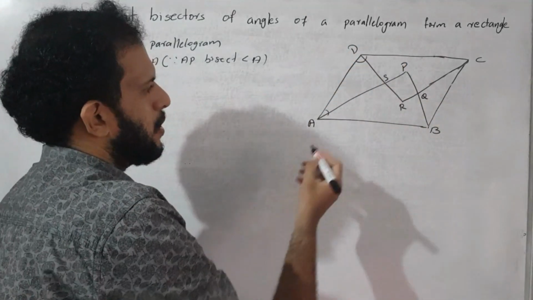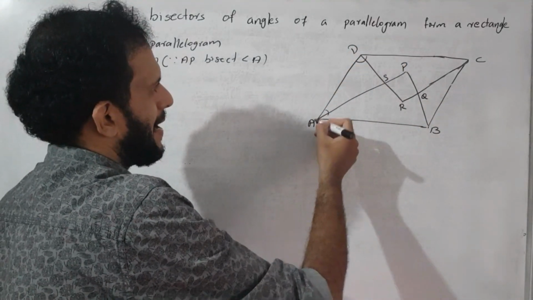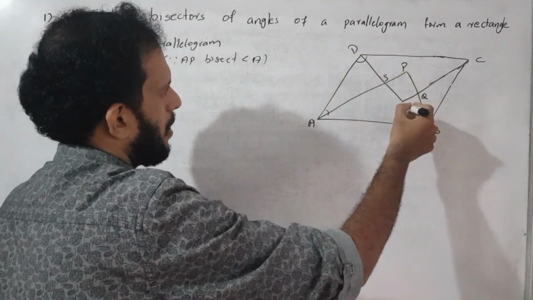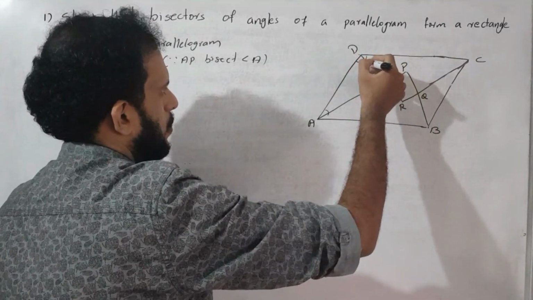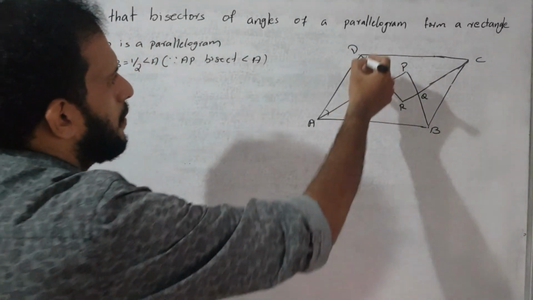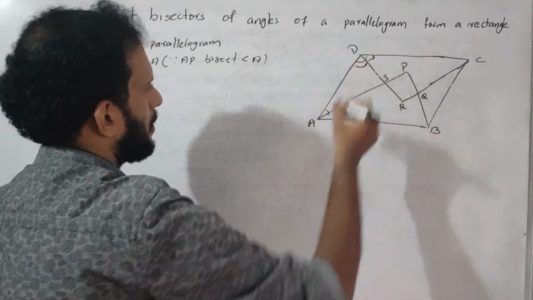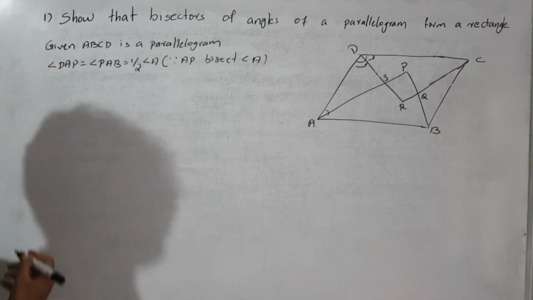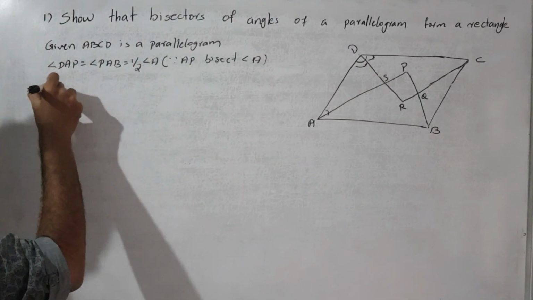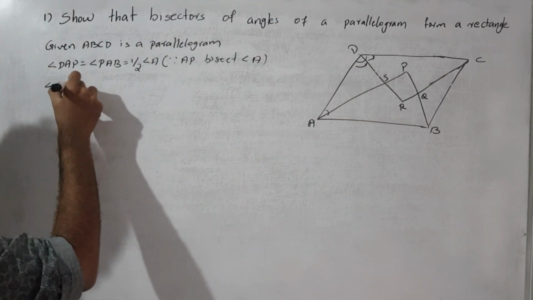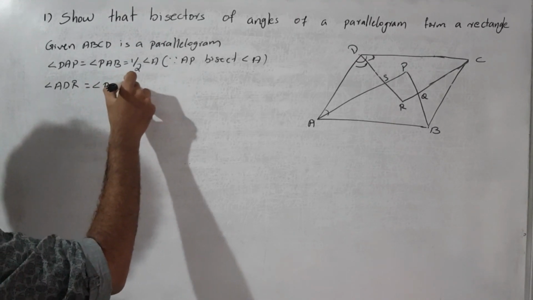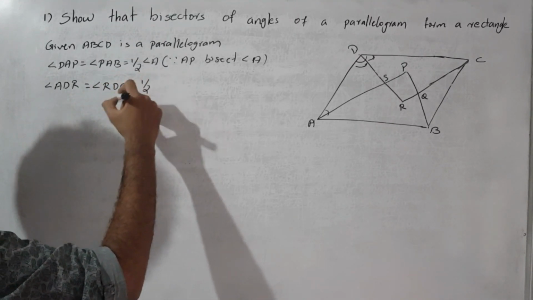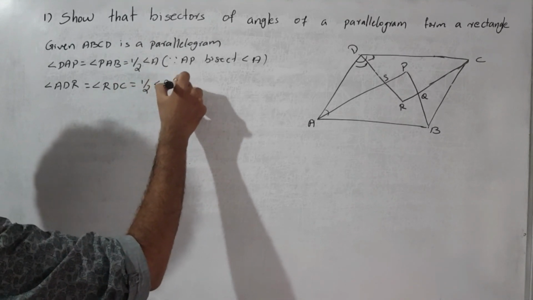DR bisects angle D. So we get angle ADR and angle RDC are equal and they are half of angle D. What is the reason?